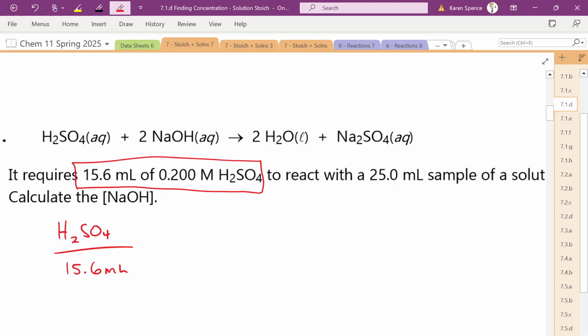I should be converting that to liters. So right now I'm just going to do that: 0.0156 liters. If you would like, you can follow along in the book, or if you want to write it down, there's lots of blank paper at the back of the room. We also know that it is 0.200 molar, which means we have 0.200 moles per liter. What have I forgotten?